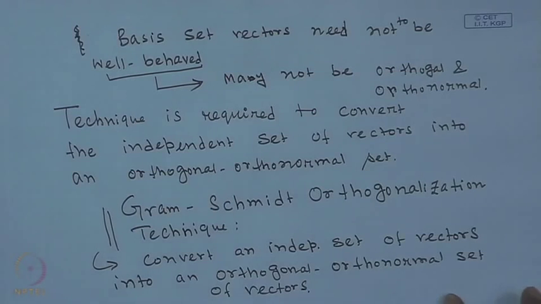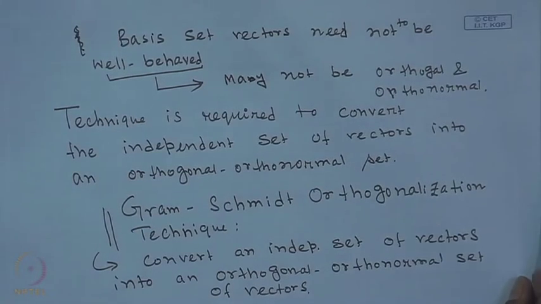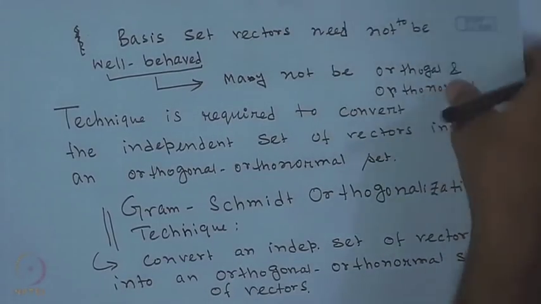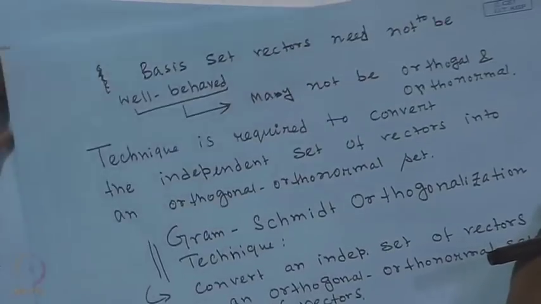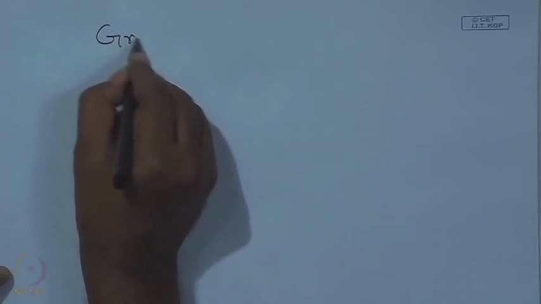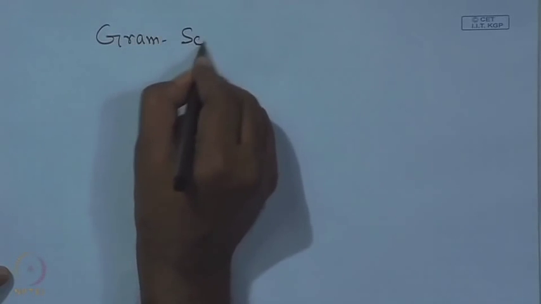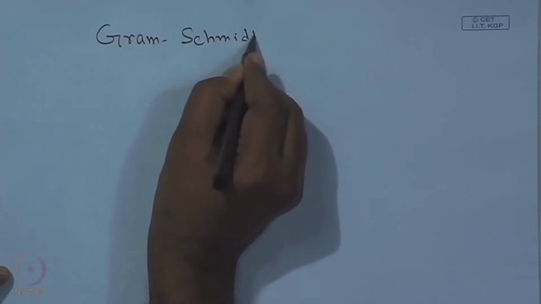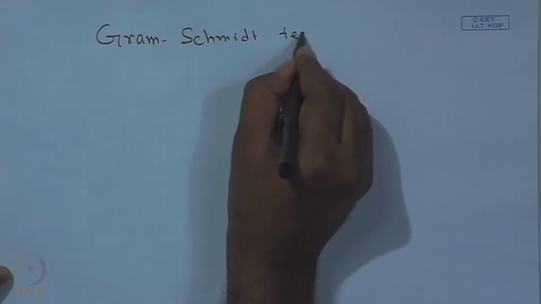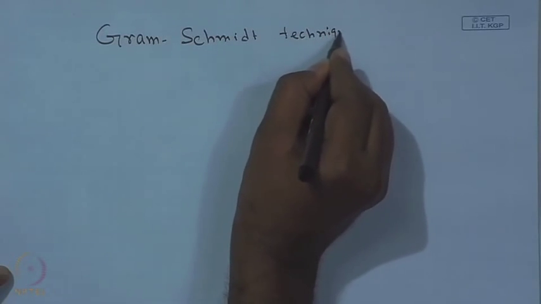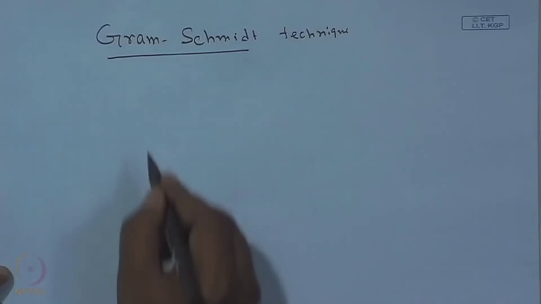So, let us next look into the detailed derivation of the Gram-Schmidt orthogonalization technique, and see how an independent set of vectors can be converted into an orthonormal set of vectors.